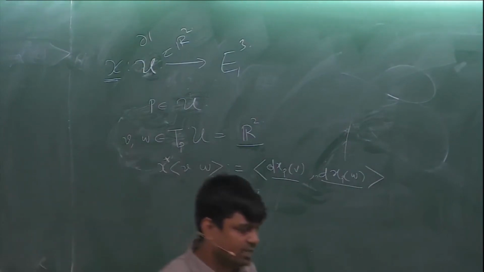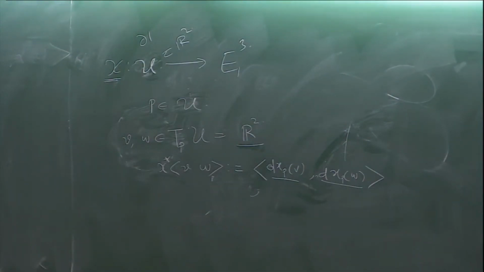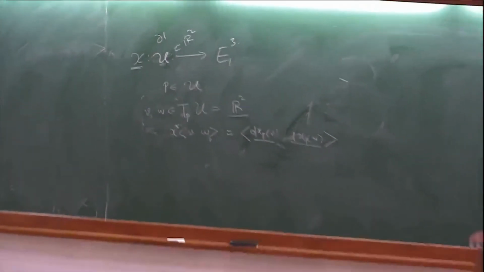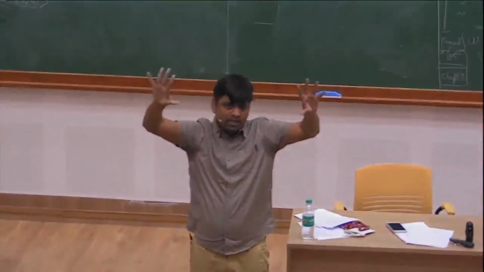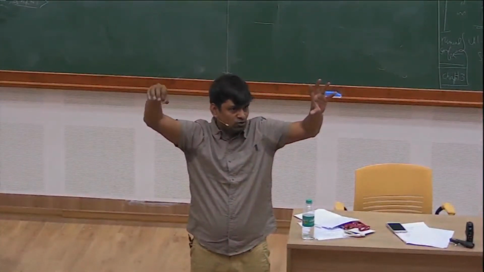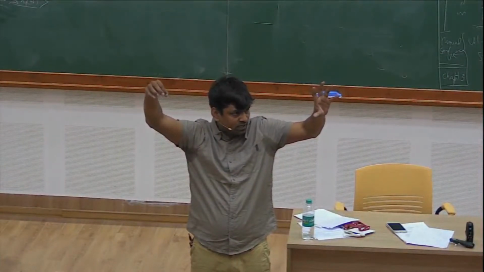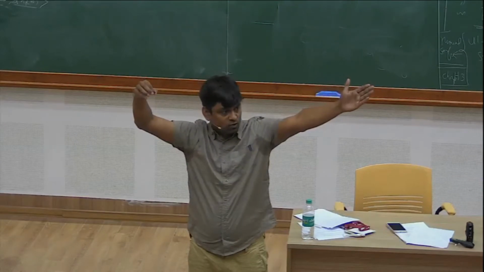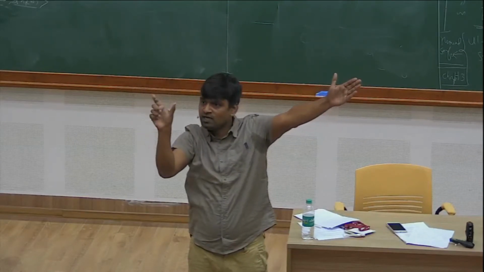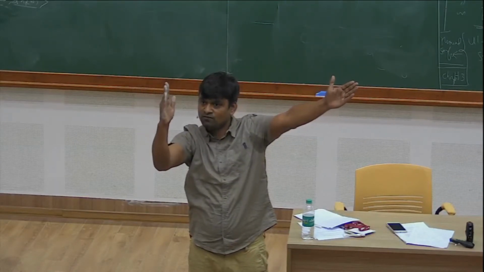So this is the way basically. Let me again recall what I said. You have U, you have E13, you have a map X. You fix some point P in U, and TP of U is just R2. You take two vectors V and W here, and see via that map where those vectors go.